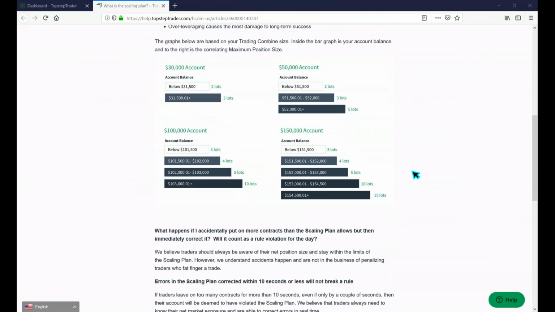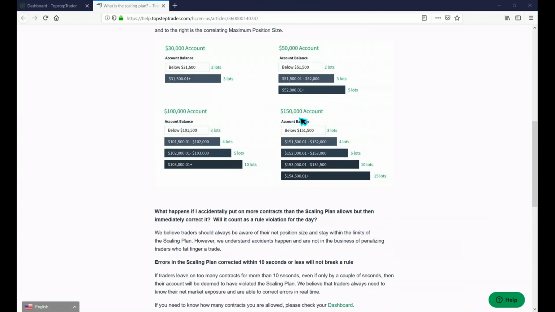It's based on the size of the evaluation account. So see, she has to start out below 151.5. She gets 3 lots, 151.5 to 152, 4 lots, 152 to 153.5, 153 to 154.5, 10, and then after that she gets 15.